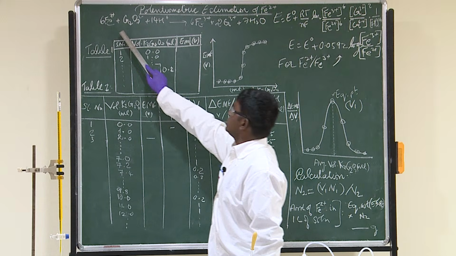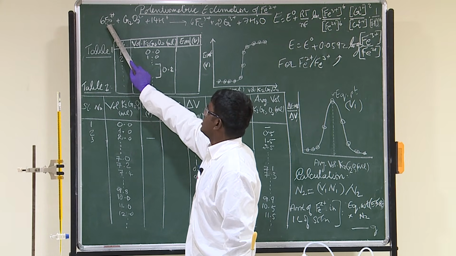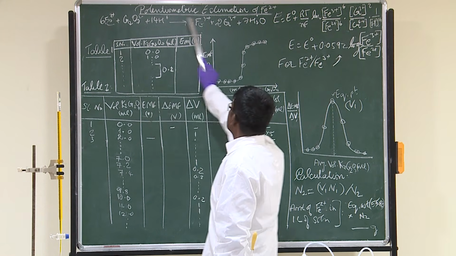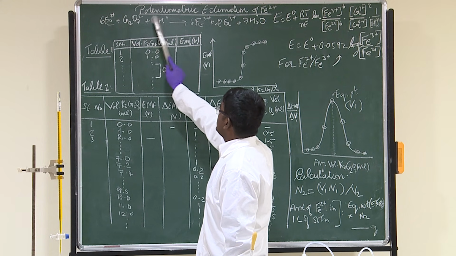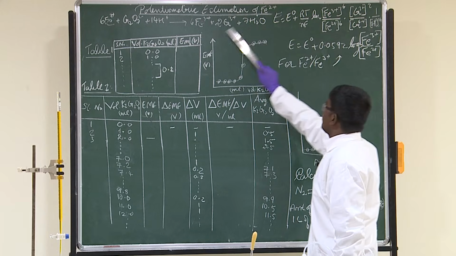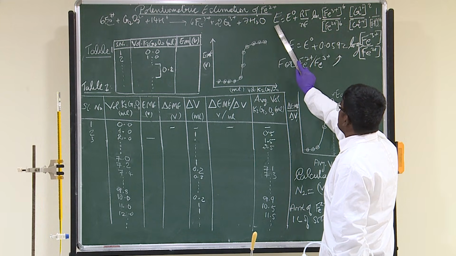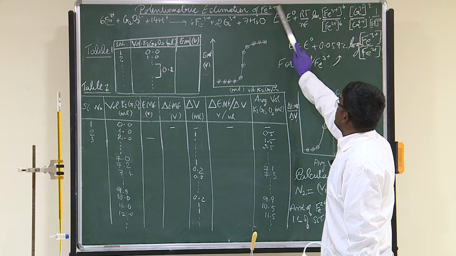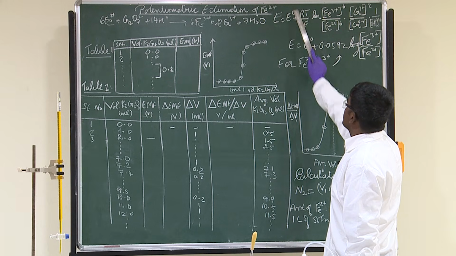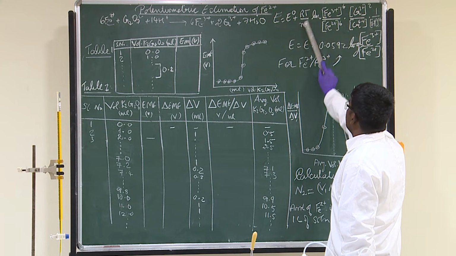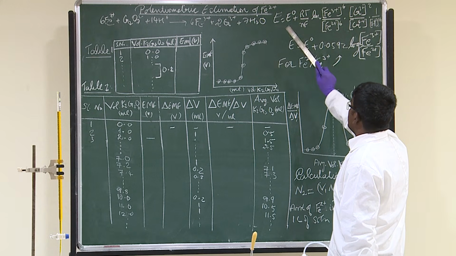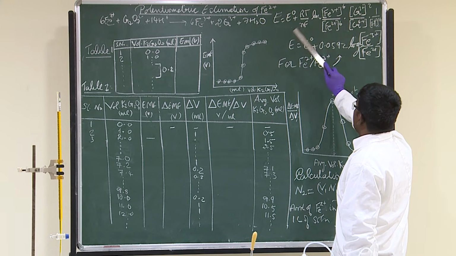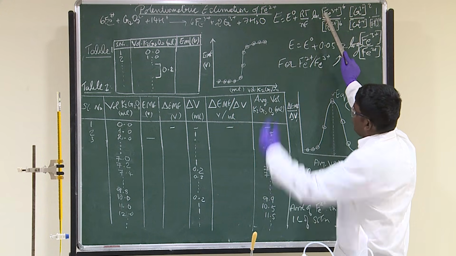The chemical reaction, the redox reaction, is here. Fe2+ gets oxidized into Fe3+ with the help of the oxidant potassium dichromate in acidic medium. If you write a Nernst equation for this, the potential of the reaction is equal to the standard electrode potential plus RT by nF, where R is the gas constant, T is the temperature at which you do the reaction, n is the number of electrons involved, which is 1, and F is the Faraday, times ln of product by reactant.